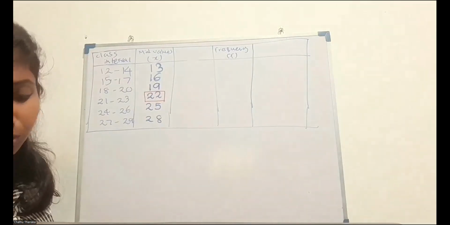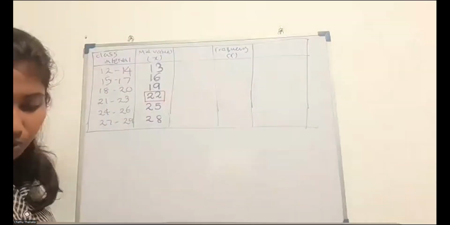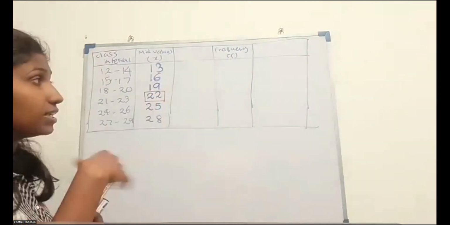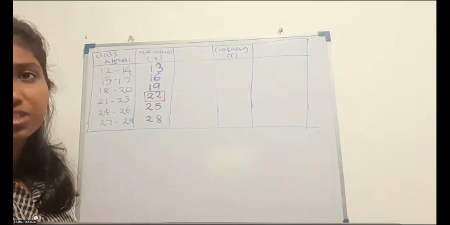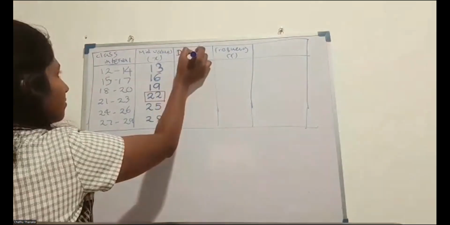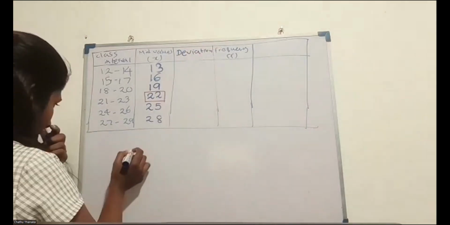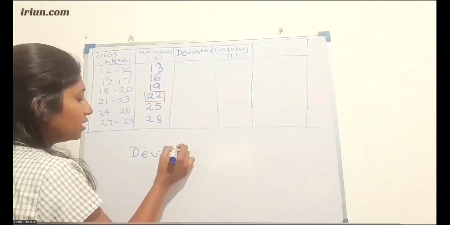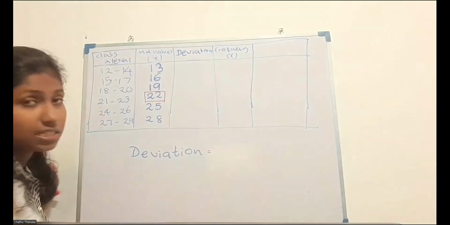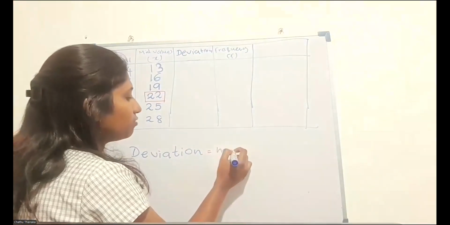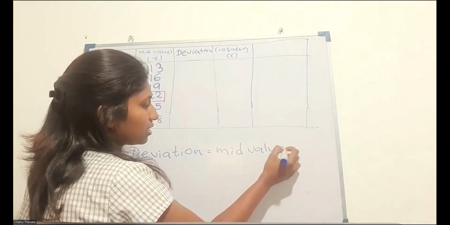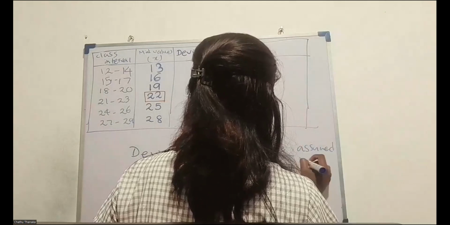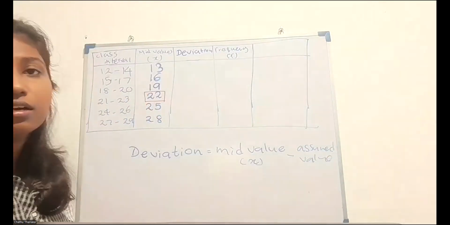Okay, this is 22. Then the next thing you have to do is, this column is the mid value column, no? So the next column we know as deviation. To obtain the answer for the deviation column, there's an equation for that. Deviation is equal to mid value, that means x, minus assumed mean.